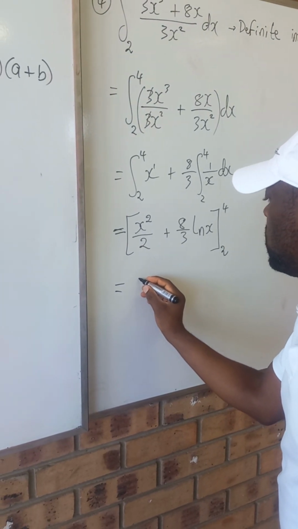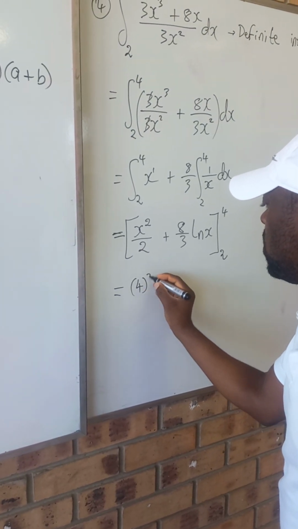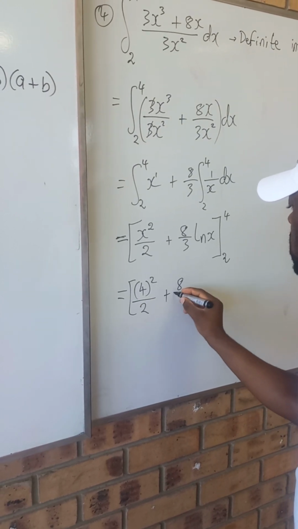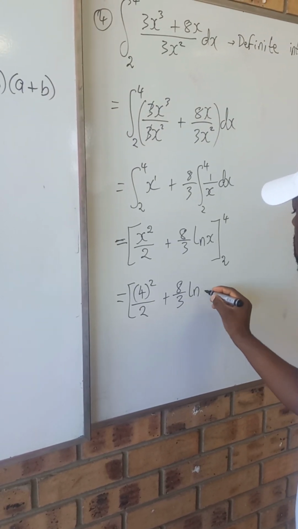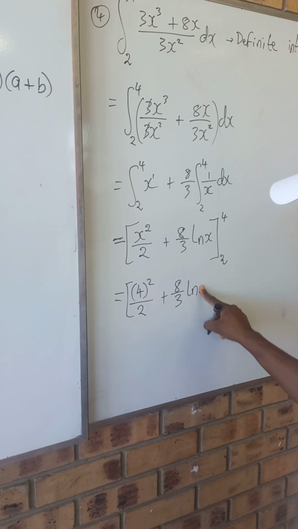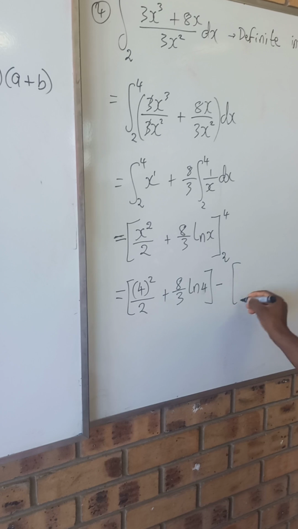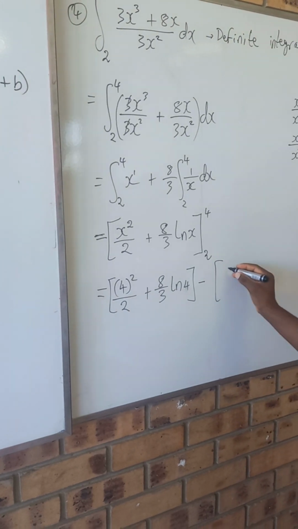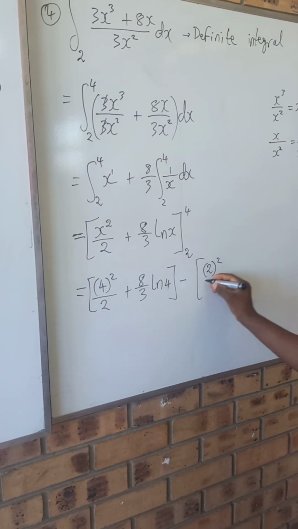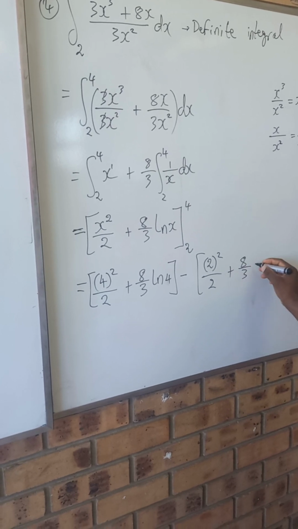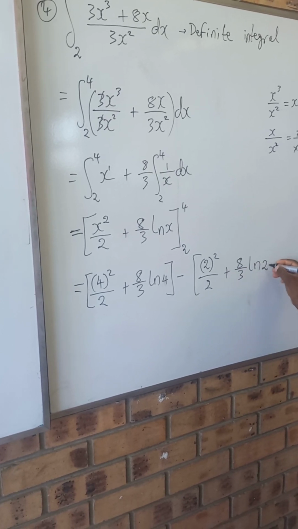So if we replace every x in the bracket, we get 4 squared over 2 plus 8 over 3 ln 4. I'm using 4 to replace every x. Then later, I will take 2 and replace every x. So this will be 2 squared over 2 plus 8 over 3 ln 2.